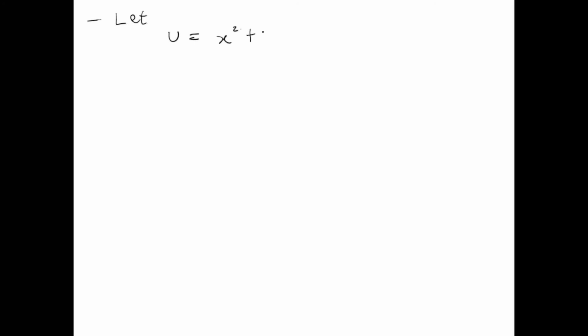Is that what you are saying? Yes. So it implies that du over dx will be equal to 2x, which implies that du over 2 will just be equal to x dx. Am I right?